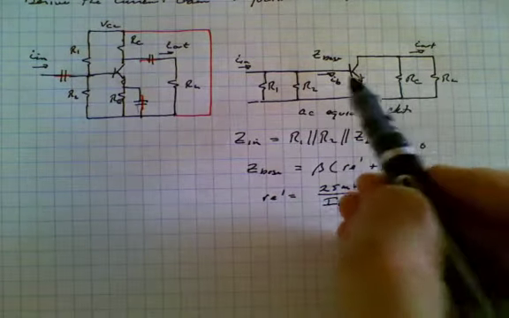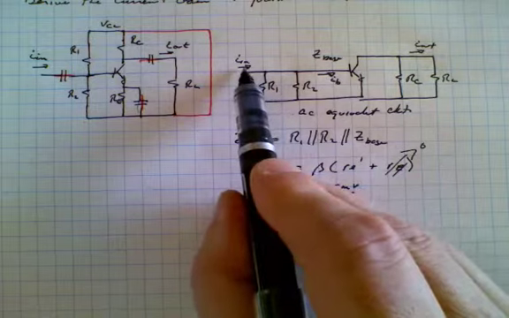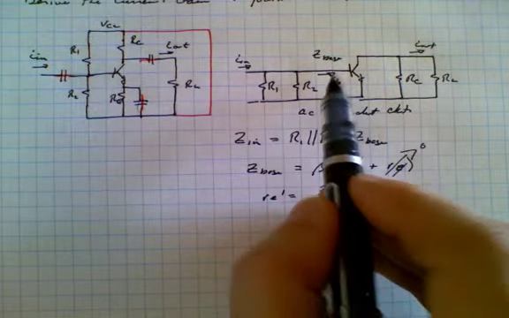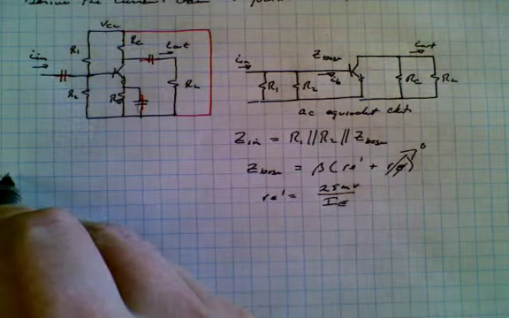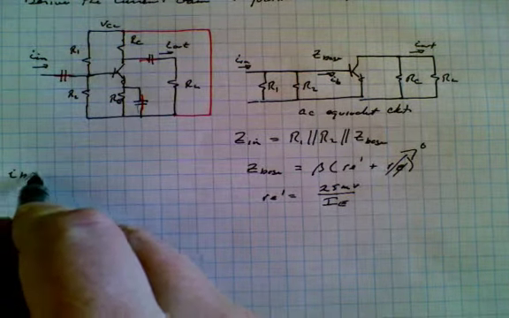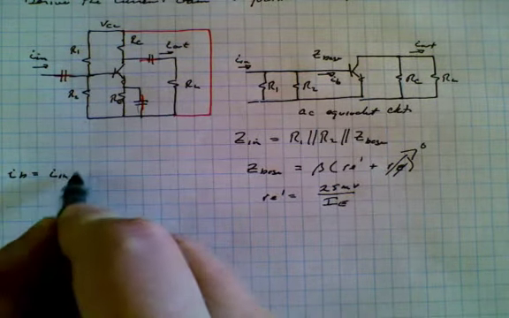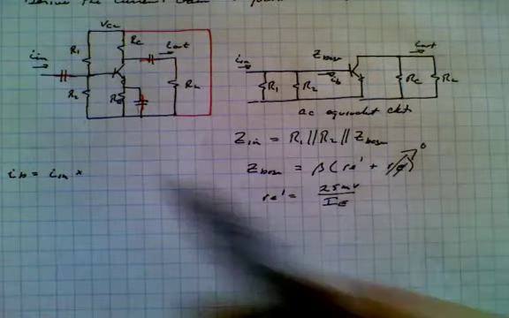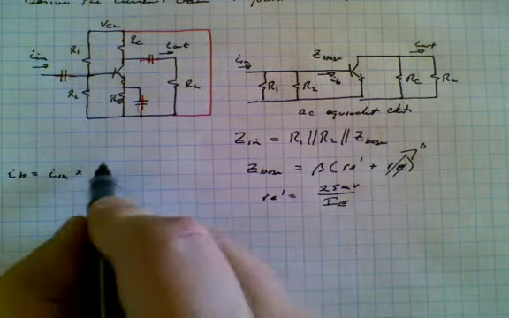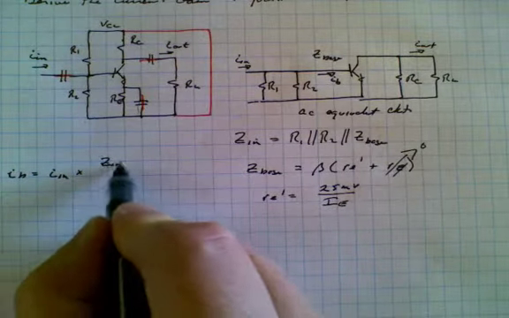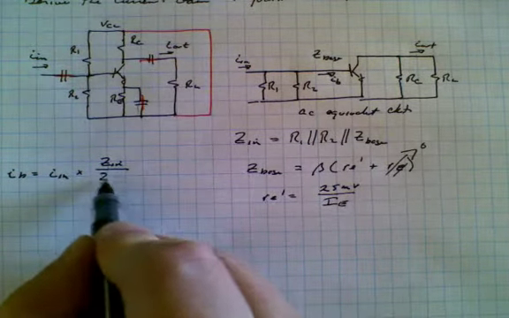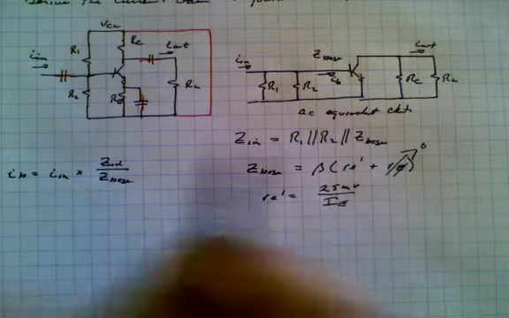So the question now is, what is the relationship between I in and IB? Well, we're going to apply the current divider rule. IB is equal to I in times Z in divided by Z in the base.